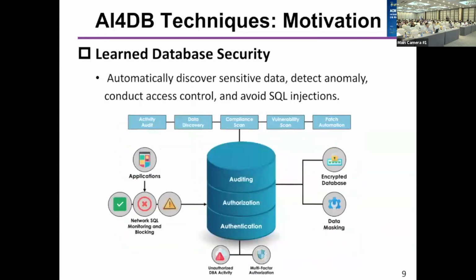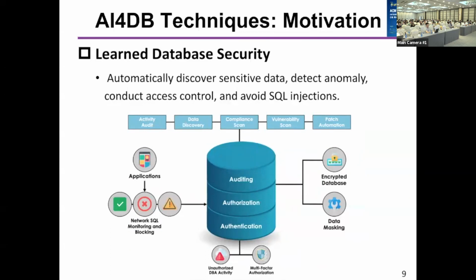And next is database security. Database security is also important. For example, how to automatically discover the sensitive data and detect anomalies in the database. For example, whether some user wants to attack the database, and whether we can detect sensitive data, for example, the card number and the ID number.